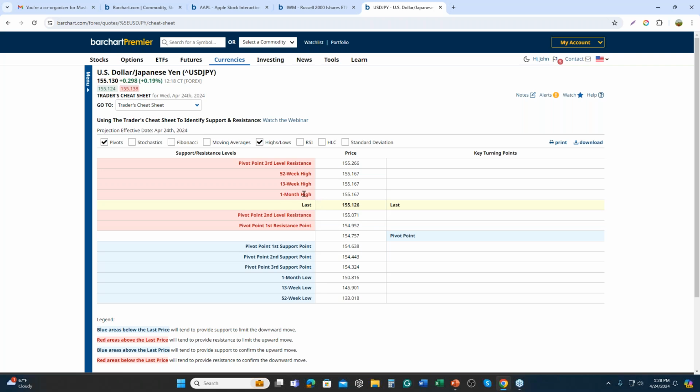But in terms of weekly, monthly, and yearly highs, you notice they're all the same value, and price now is above the second resistance, below the third resistance, but is about to take out this multiple high. So again, this could be a very good level of resistance, or I might look for some kind of momentum breakout trade.